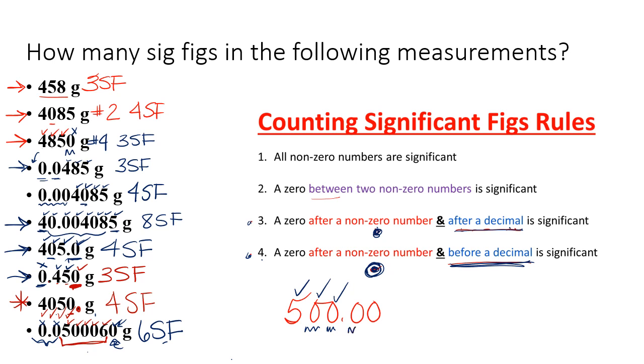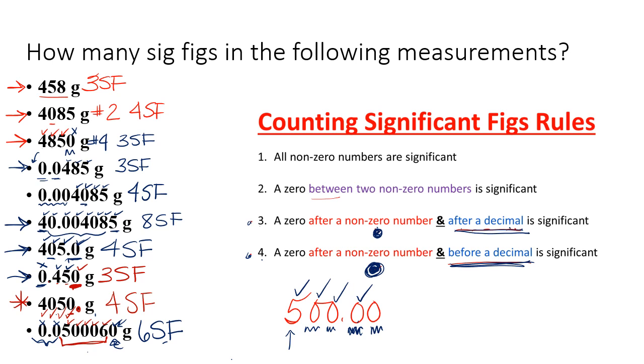Let's move on to this 0. This 0, is it after a non-zero number? Yes, it is. Not directly after, but this 5 is somewhere at the front of the line, so the 0 right here is after a non-zero number. And is it after a decimal? Yes, so it counts. Let's look at this last one.